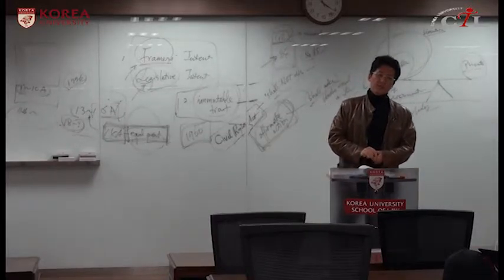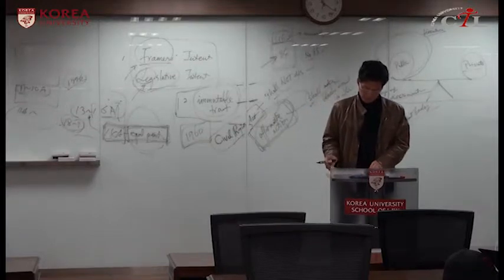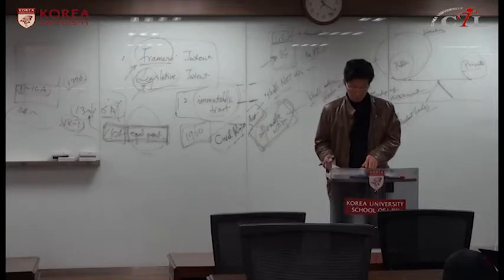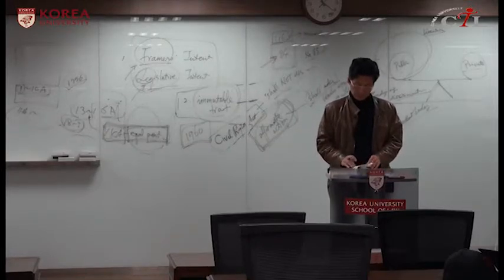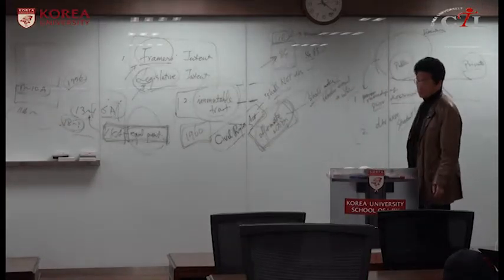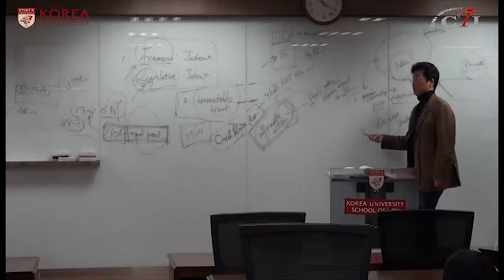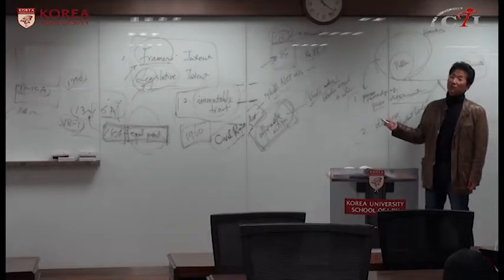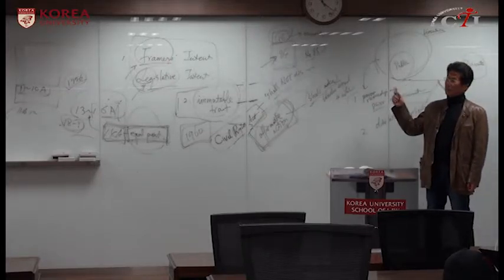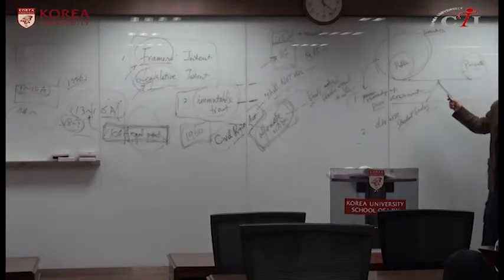How is that a compelling governmental interest? Justice Powell says these two are compelling government interests that could justify, so compelling enough to justify racial discrimination.